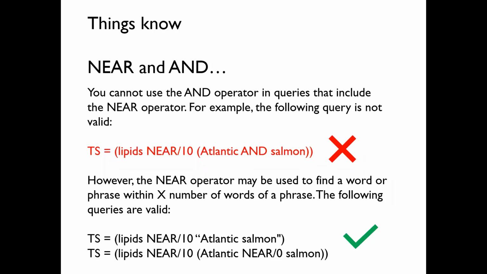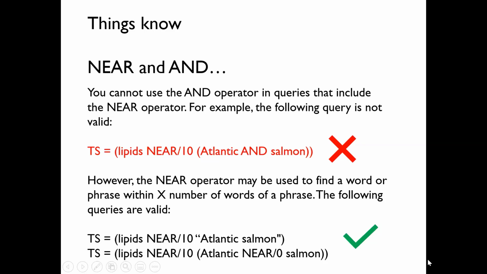You can do, as we already saw, lipids near/10, and then the phrase Atlantic salmon. Or you could do the other kind of phrase search where you actually use the proximity operator and do lipids near/10 and then Atlantic near/0 salmon. So both of those would get you results.